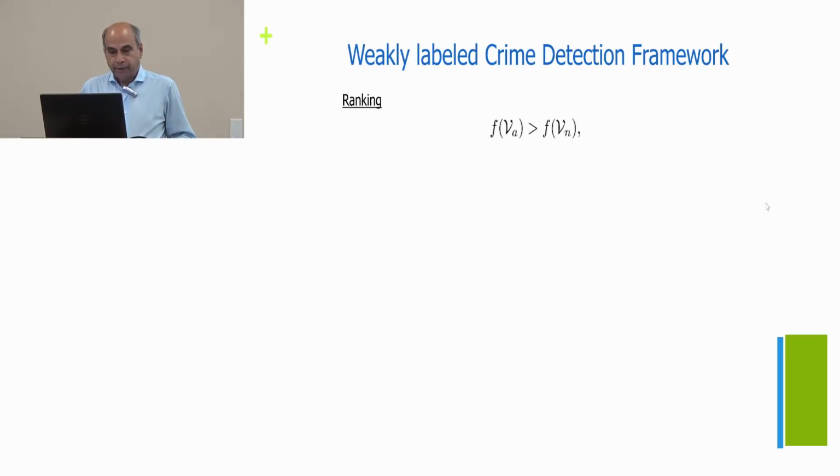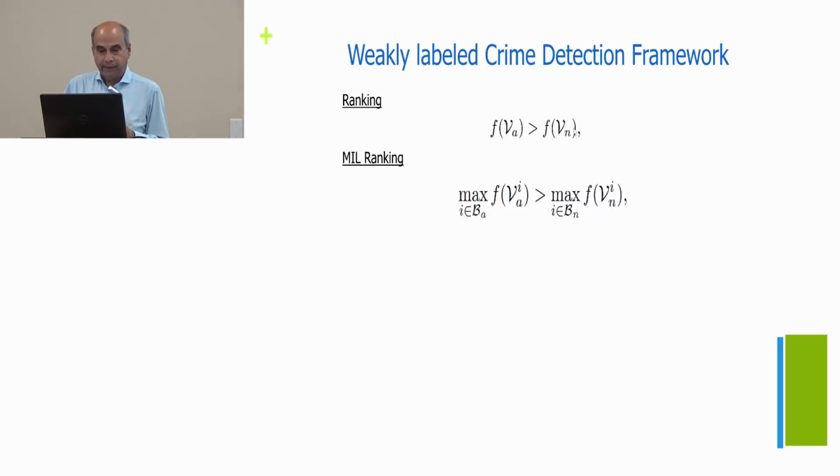What we are going to do is learn a ranking function f, which will give a high value for a clip which is anomalous and a low value for a clip which is normal. We take the video and divide it into clips, and all these clips in a video become a bag. So this is an anomalous bag, and this is the normal bag.